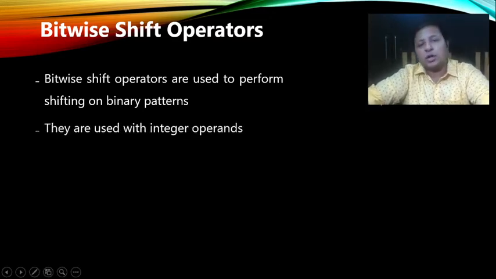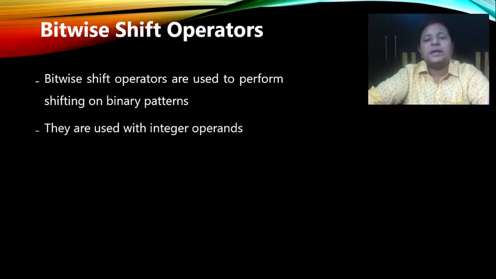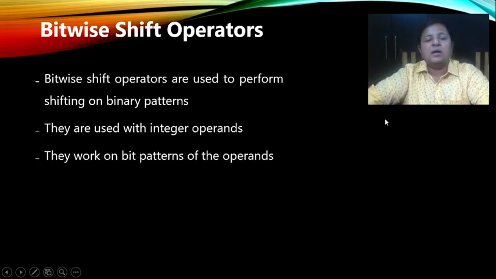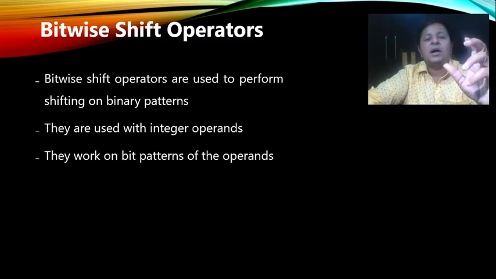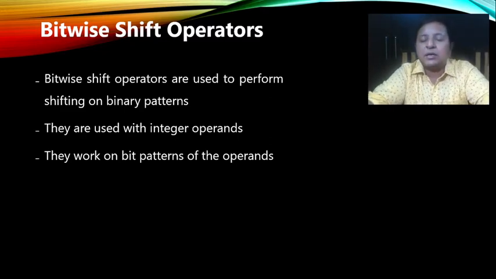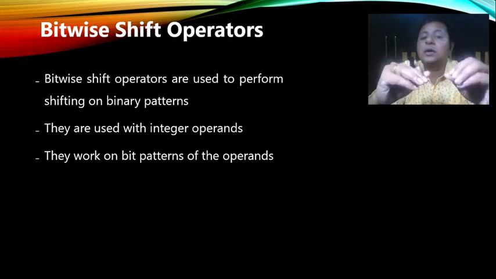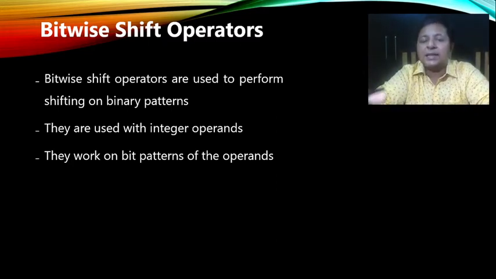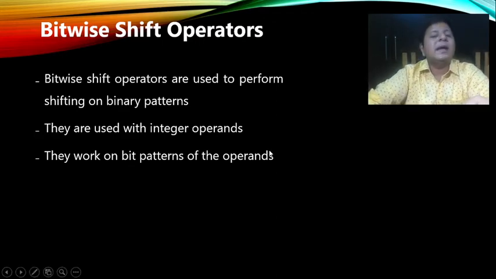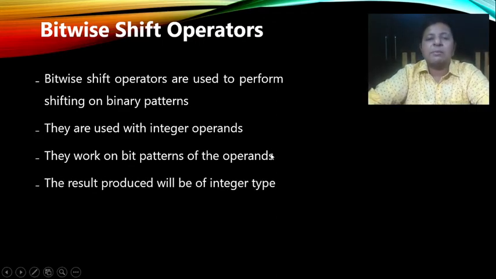They are used with integer operands, because the integer operands are converted to the corresponding bit pattern, and then that bit pattern gets operated on. The bitwise shift operators work on the bit pattern of the operand, and whatever result is produced in bit patterns is finally converted back to an integer. So the final result will be of integer type.